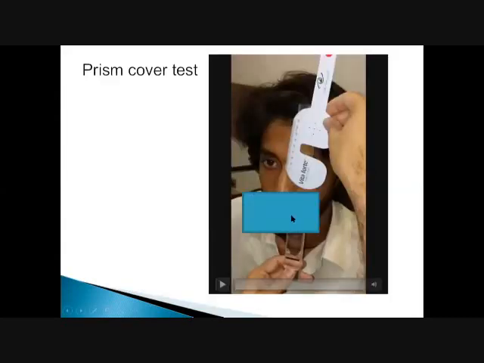Now this is the prism alternate cover test. Now in examination, you will have to use the prism bar. It is present in all the examinations, and gone are the days when you would call the squint in degrees. Now you have to describe the squint in prism diopters because you measure it with a prism bar, right? So this is how we measure it with a prism bar.